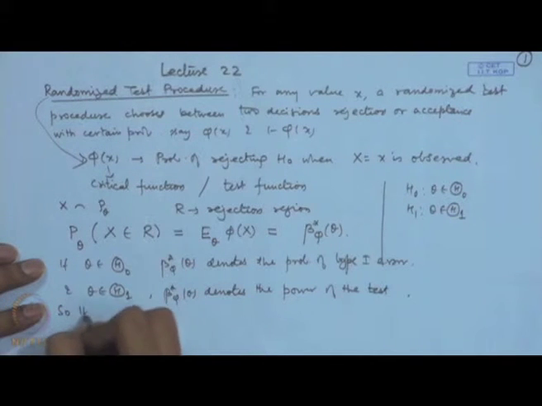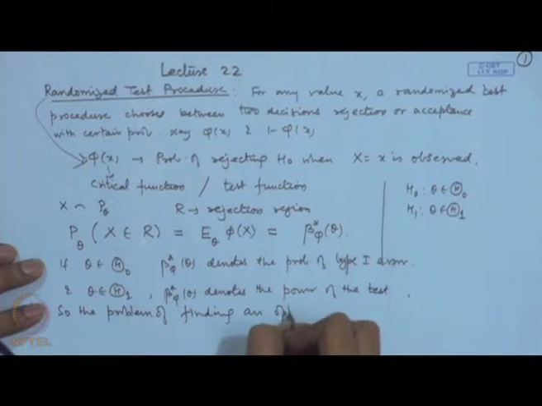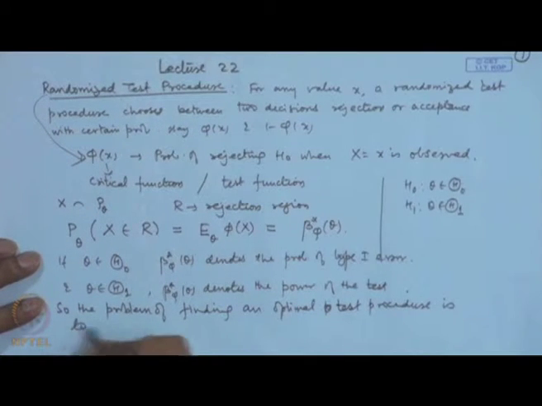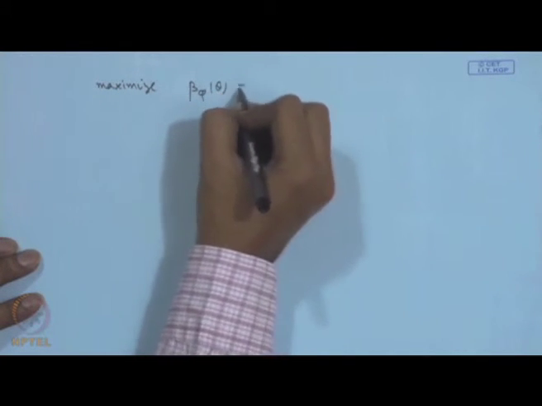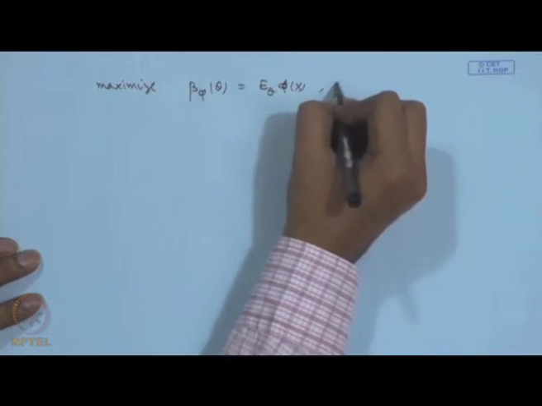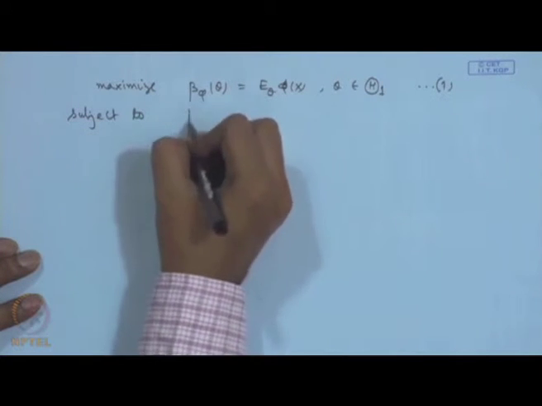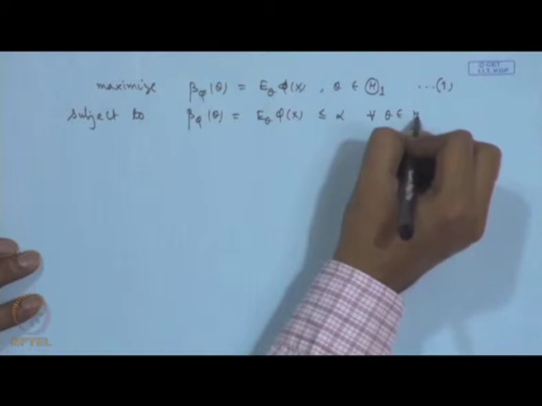So, the problem of finding an optimal test procedure can be stated as: find a test function phi such that it maximizes beta phi theta for theta belonging to theta 1, subject to the condition that beta phi theta, which is equal to the expectation under theta of phi X, is less than or equal to alpha for theta belonging to theta naught.